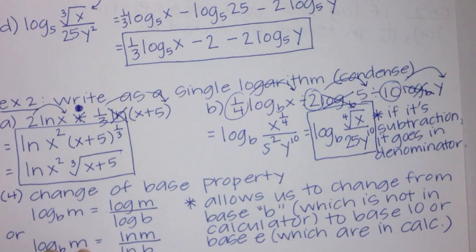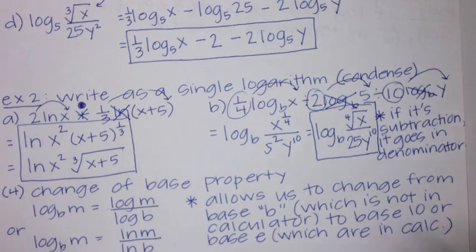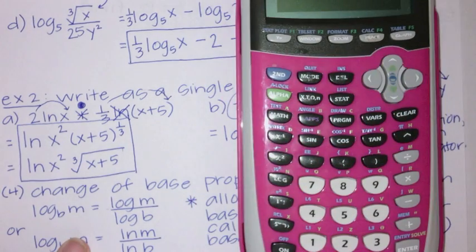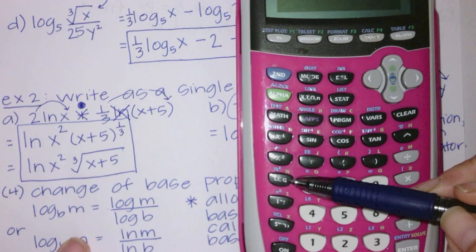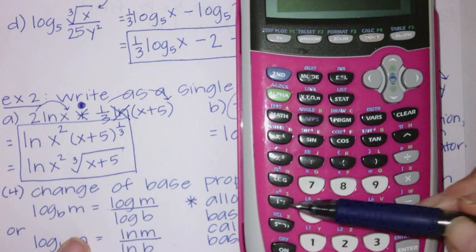Okay, so you're going to need your calculator for the next part. It's called the 4th property, the change of base property. Basically, the change of base property allows us to change from some base that's not in our calculator to a base that is. On our calculator, we have two bases: log base 10, which is this one right here, and natural log.